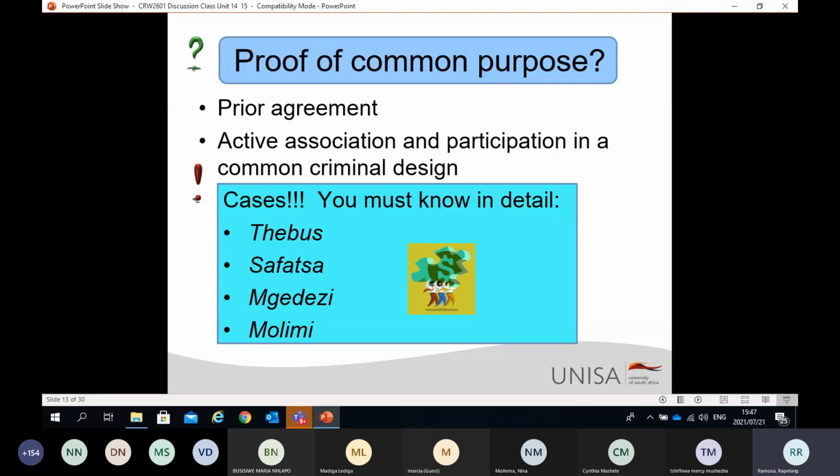And I'm now on page 204 of your study guide, where we speak about the case of Mambo and the case of Mulimi on page 205. Those are quite interesting facts, so I will just basically run them down for you.